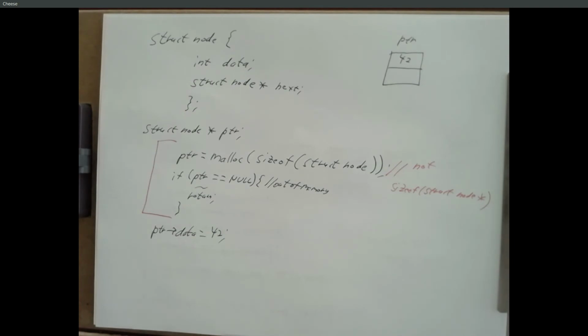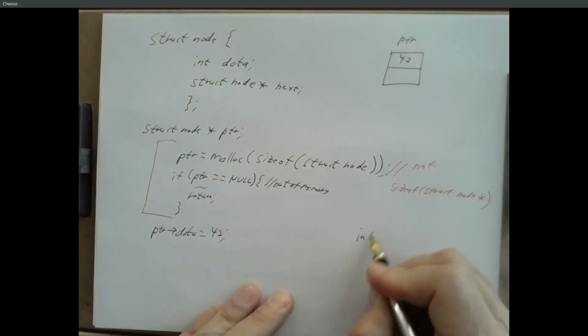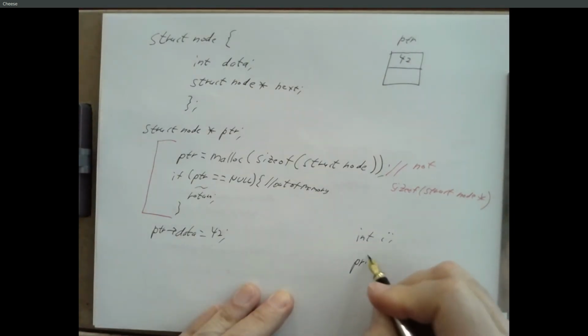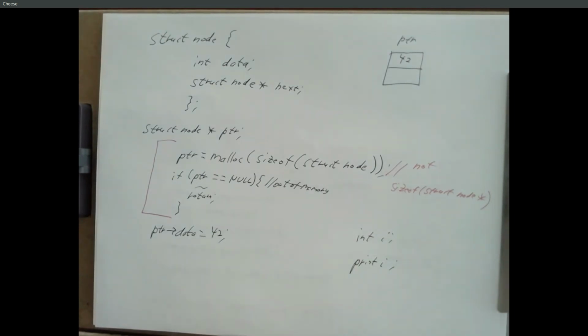Okay, where is that going to be in memory? The address of pointer will be the first. So what's the address of pointer though? We don't know, right? We haven't given pointer a value. This is like saying integer I, print I. What's it going to print? Don't know, because we didn't give I a value.